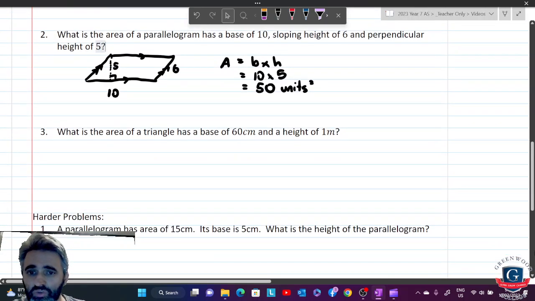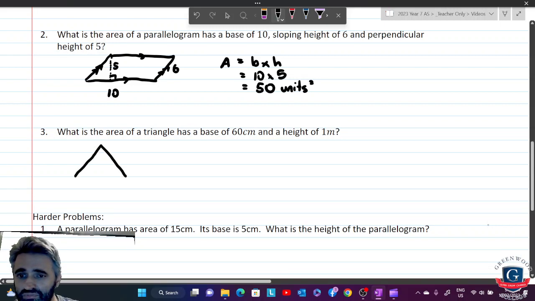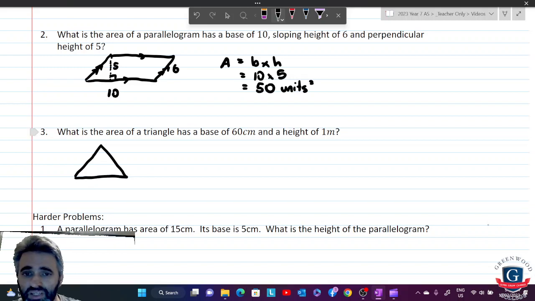All right. What is the area of a triangle that has a base of 60 centimeters and a height of 1 meter? Well, with this one, we have to be a little bit careful, because this part here is in centimeters and this is in meters. So we have to go with either centimeters or meters.